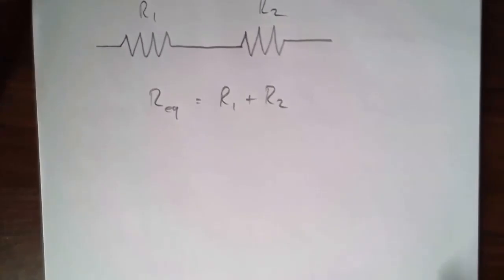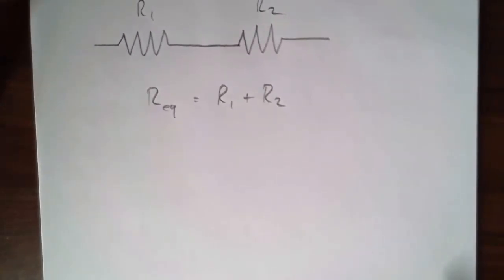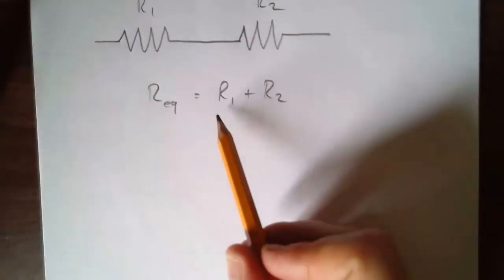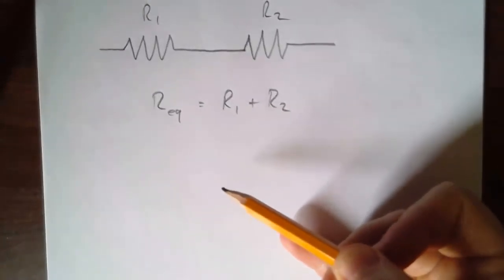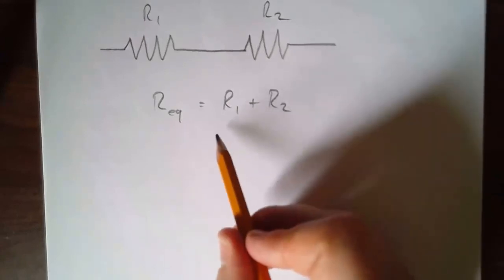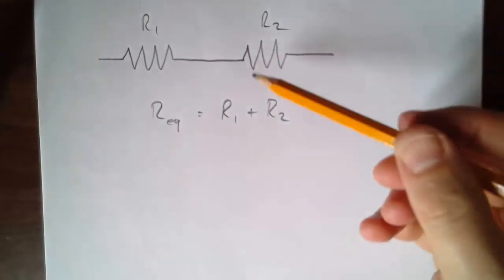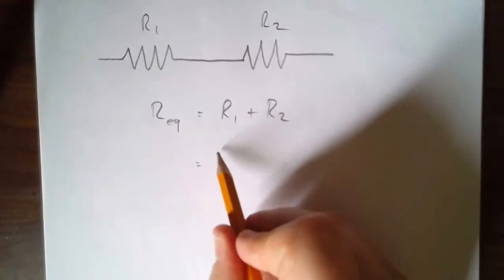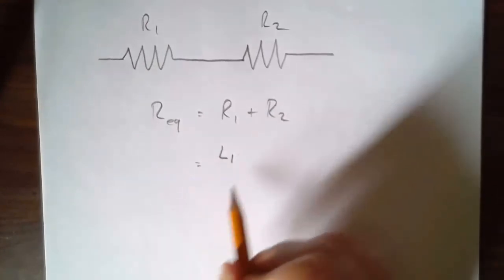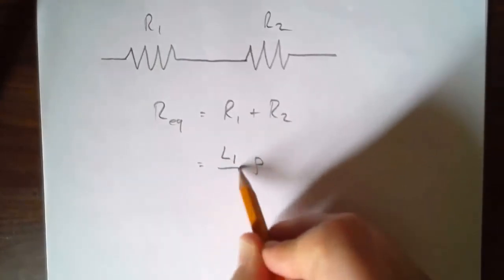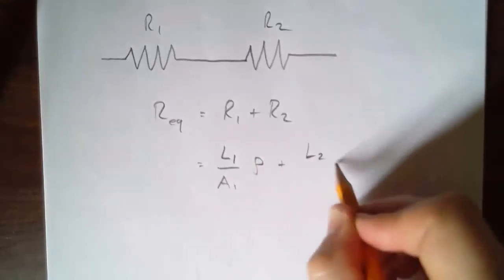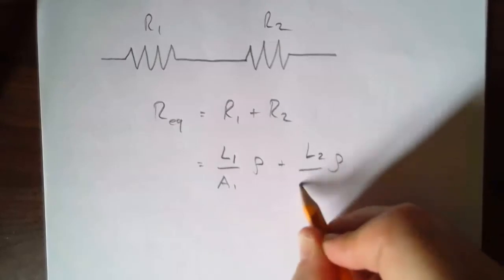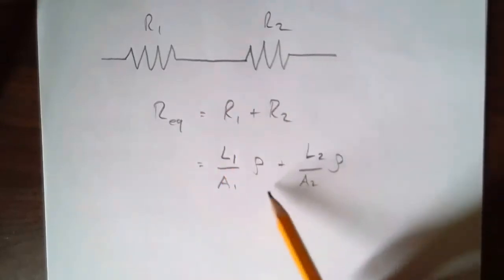Now, if you look at our expression for the resistance, it has the length of the wire in the numerator. So I could write this as L1 rho over A1 plus L2 rho over A2, but let's assume the A is the same.